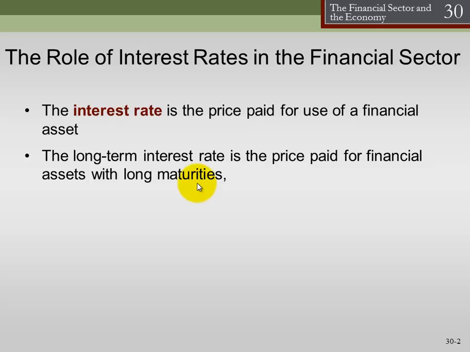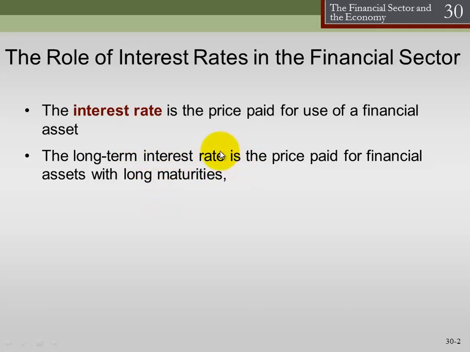Now, at the end of the term, let's say I borrow it for 1 year, at the end of that 1 year the financial asset matures, which means I have to pay back the $1,000 plus the interest. So maturity means that the party who is obligated by the financial asset has to complete their obligations, and the term is the time in which you have to do that.